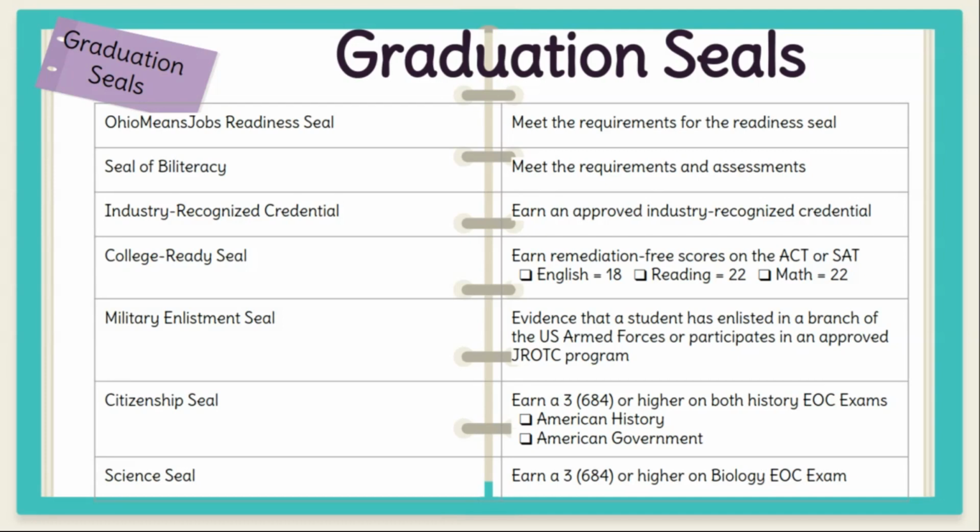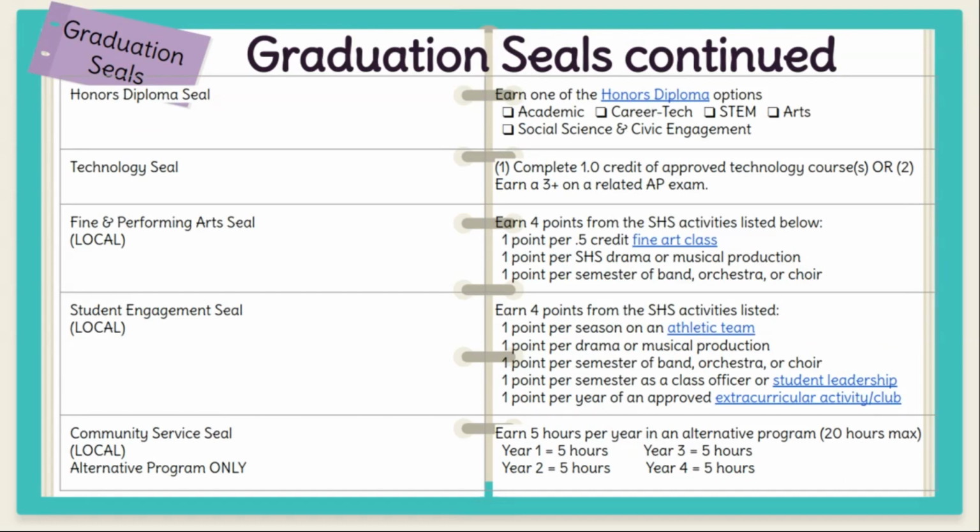Some of them are going to require testing, and others are going to require having specific activities or completing certain courses. So please review these, and then if you have any questions, get in touch with your counselor. Some of these items that involve the seals, you may already be accomplishing during your high school years, and we can work with you on those.